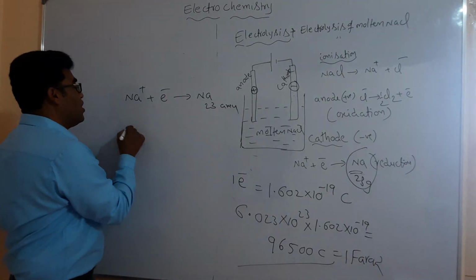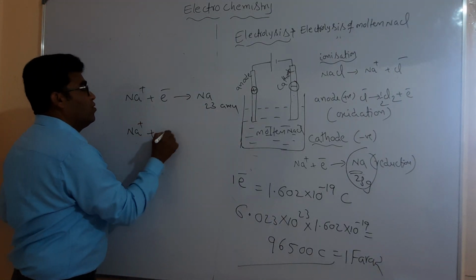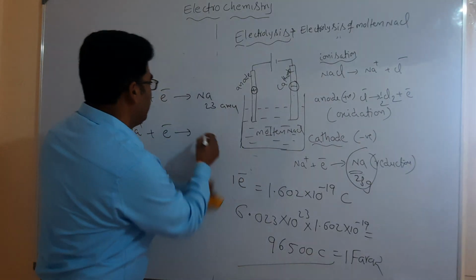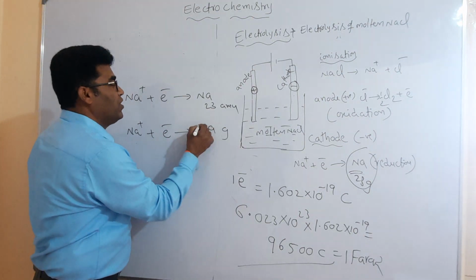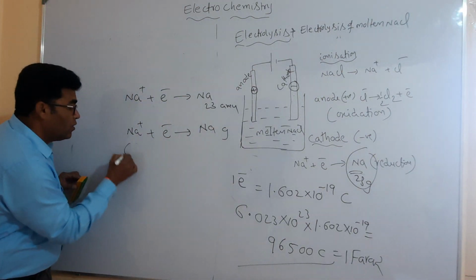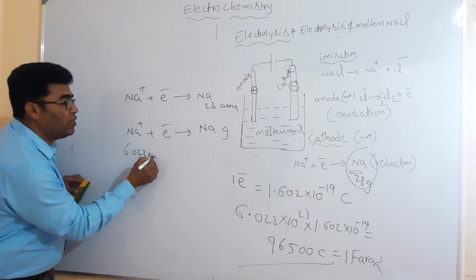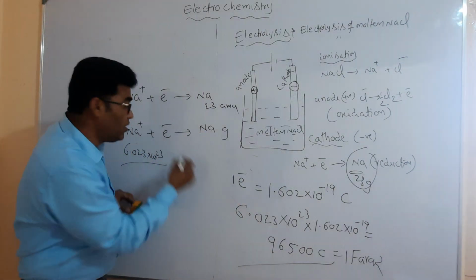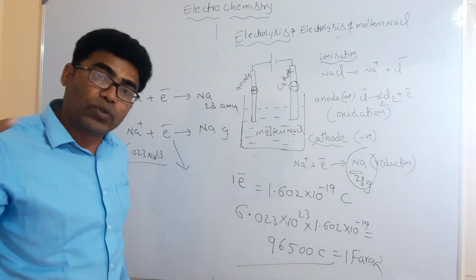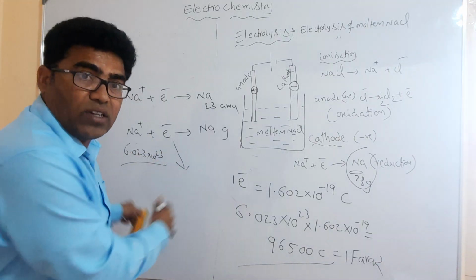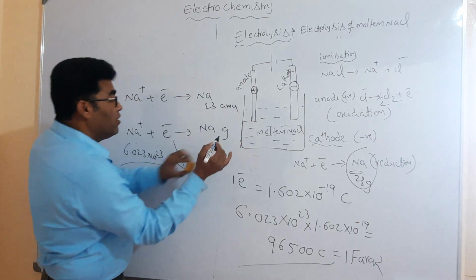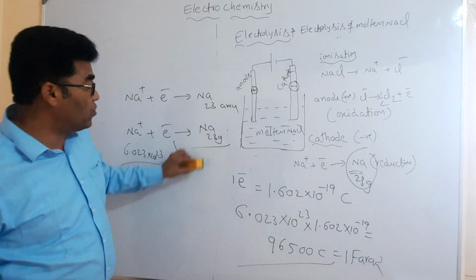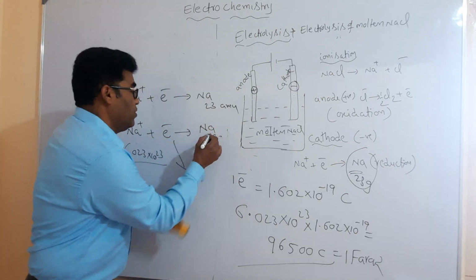For the formation of 23 gram sodium, 6.023 into 10 power 23 sodium ions have to gain 6.023 into 10 power 23 electrons, then 23 gram sodium is formed.